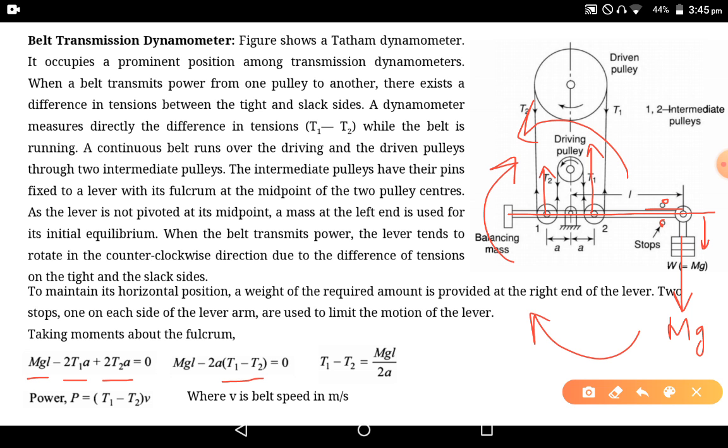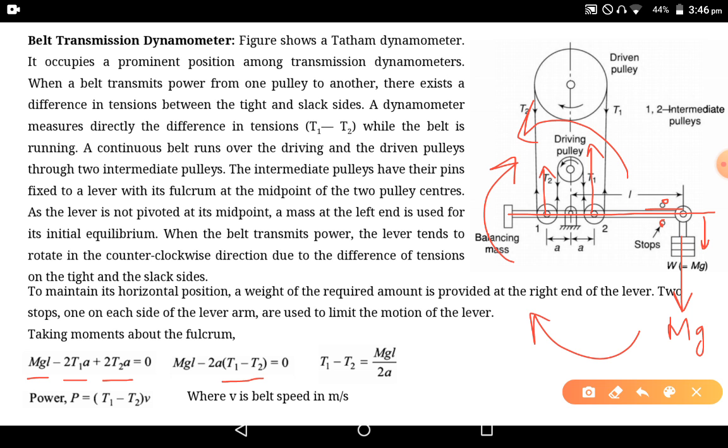In the previous case, when we were measuring T1 minus T2, we had to stop the complete transmission, but in this arrangement there will be no stopping of the power transmission. The power is being transmitted and we can intermediately measure the power.